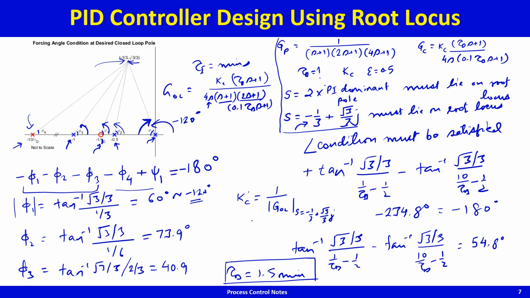If you do the substitution and the calculation right, you should get Kc equal to 2.6963, which is approximately 2.7. And of course tau I is equal to 4 minutes. So this is what you have for a PID controller.